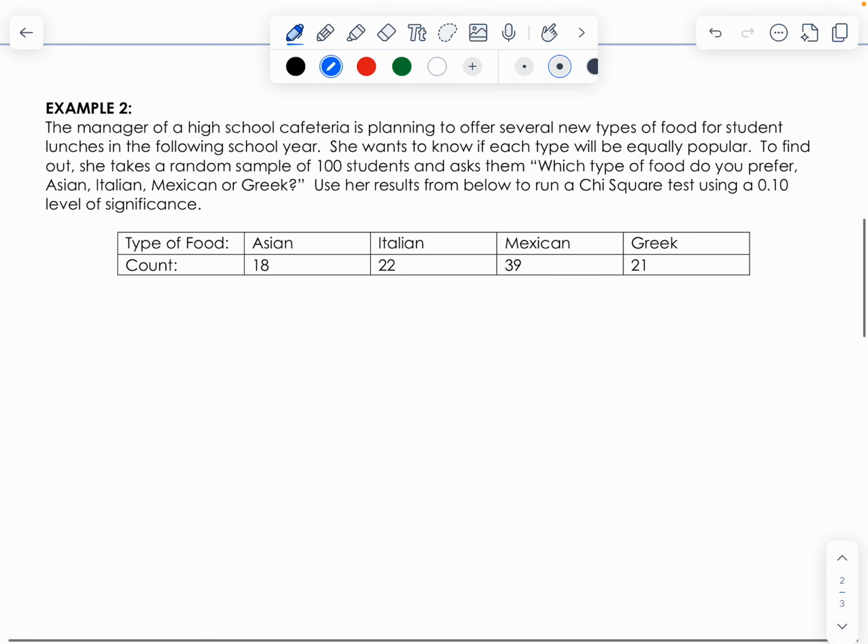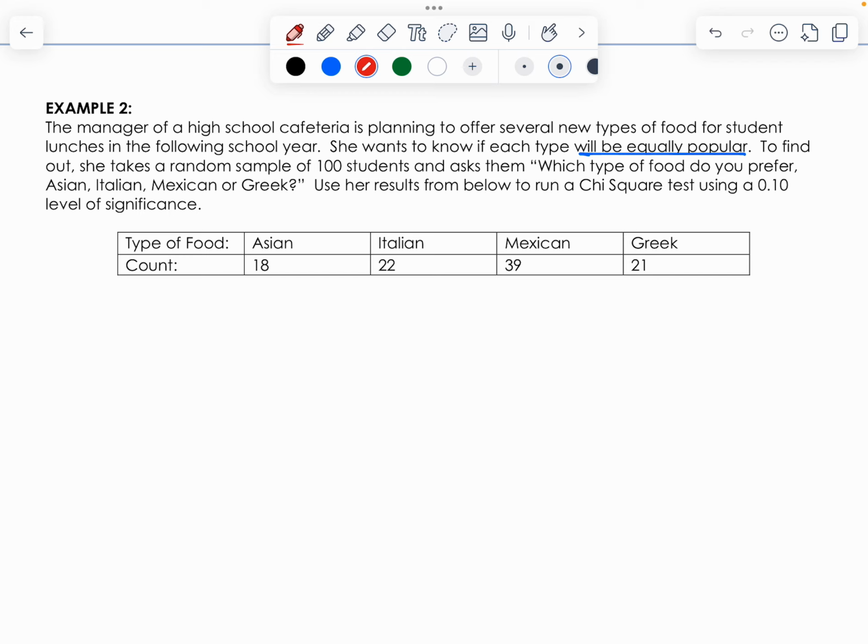Okay, here's the second one. The manager of a high school cafeteria is planning to offer several new types of food for student lunches in the following school year. She wants to know if each type will be equally popular. To find out, she takes a random sample of 100 students and asks them, which type of food do you prefer? Asian, Italian, Mexican, or Greek? She uses her results below to run a chi-square test using a 10% or 0.10 level of significance.